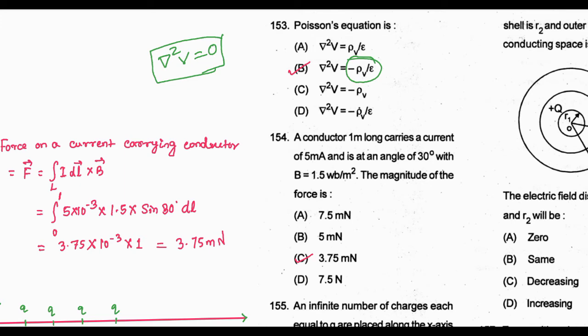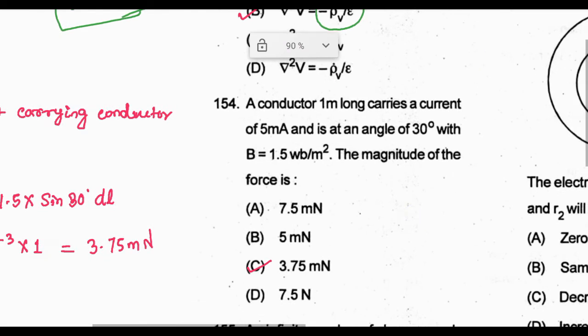Conductor 1 meter long carries a current of 5 milliampere and is at an angle of 30 degree with B is equal to 1.5 Weber per meter square. The magnitude of force is. So here there is a conductor carrying current.